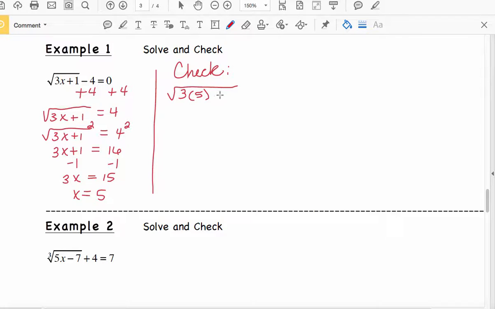So in for the x goes a 5, and then we'll go ahead and calculate out the answer here. 3 times 5 is 15. 15 plus 1 is 16. And then the square root of 16 is 4. And that makes a true statement, true equation, and that answer works.